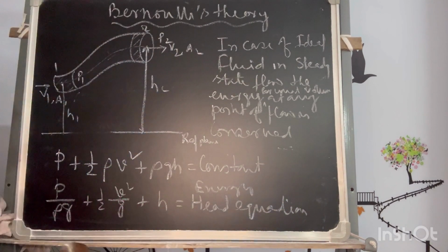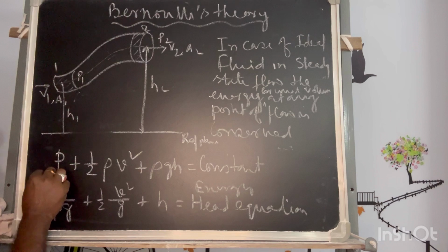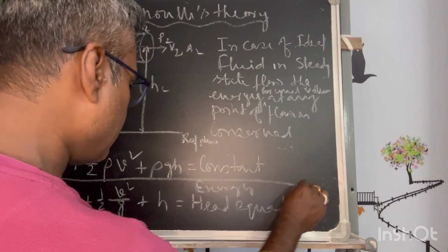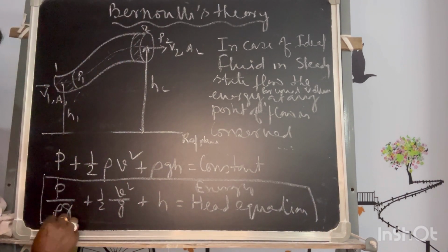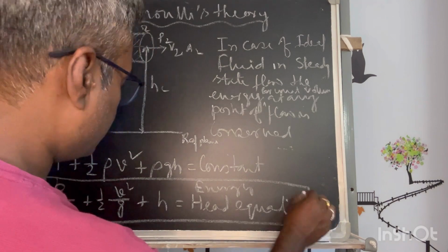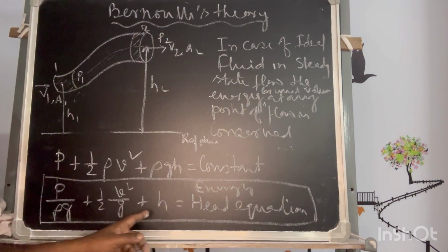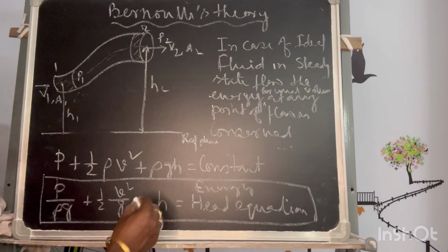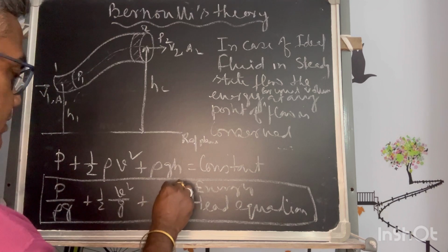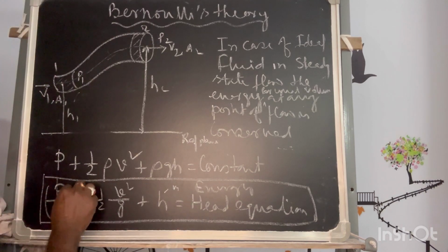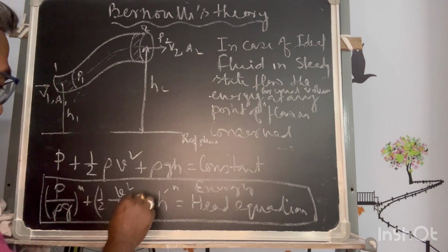Now if I am asked to represent the energy equation in terms of head, every term will be in head, and as this is in meter, this also has to be in meter, and this also in meter.